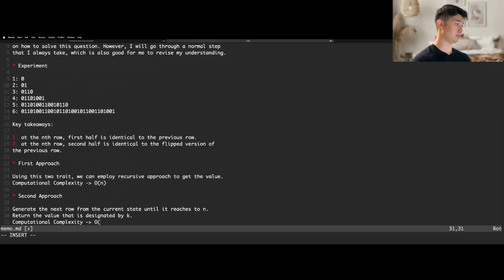So O of 2 times. So n, 2 power, 2 to the power of n. Okay, and that is arguably extremely slow when n becomes bigger and bigger.